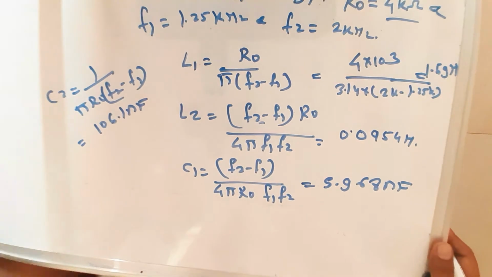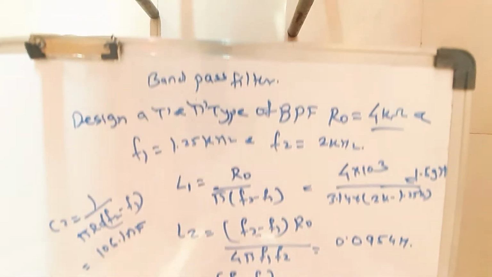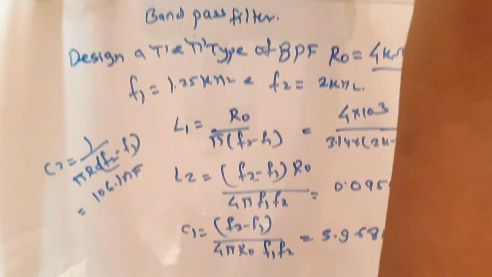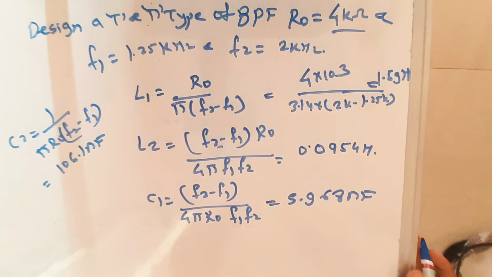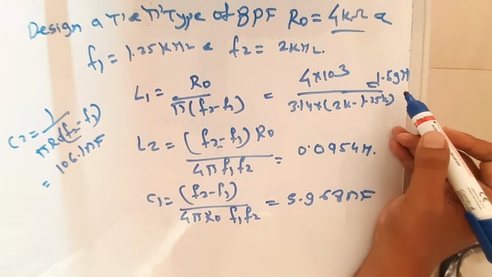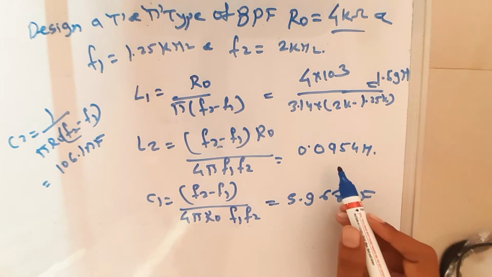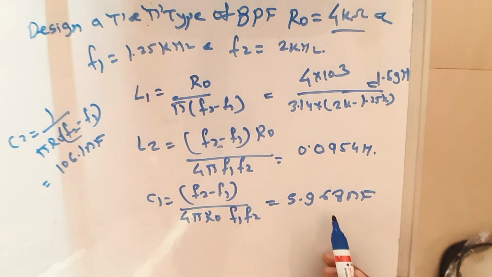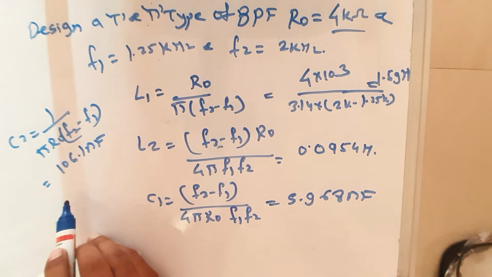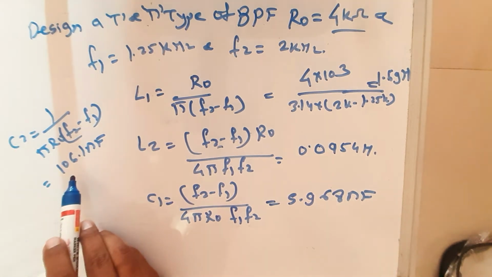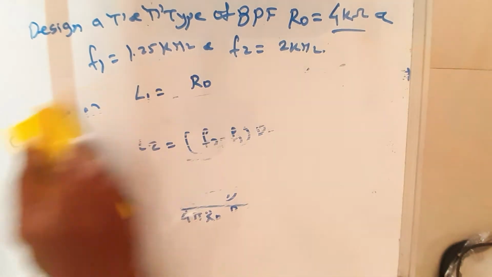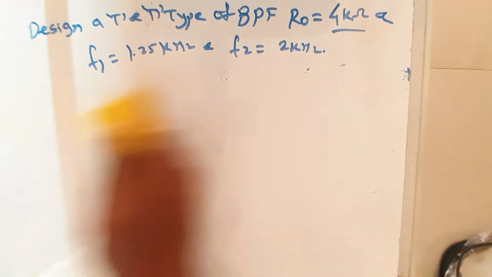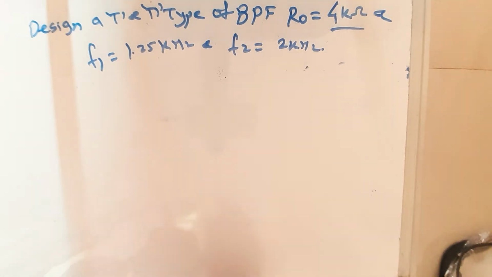Okay, now so L1 1.69 Henry, L2 0.095 Henry, C1 5.96 nanofarad and C2 equal to 106.1 nanofarads. Okay, now we have to find out the value of L1, L2, C1, C2.